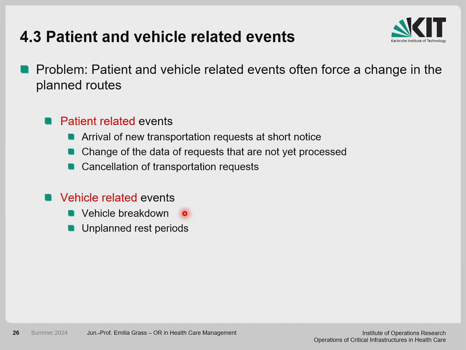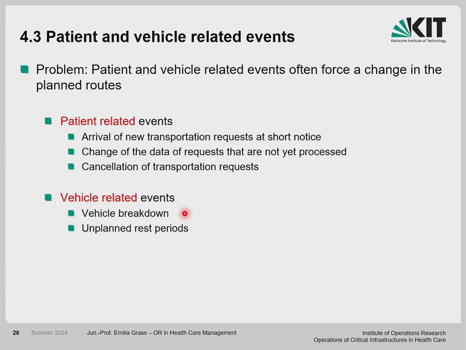On the other hand, we could also have vehicle-related events. Of course, if you drive a long distance without maintenance, vehicles could break down, obviously. So we have to repair and maintain them, and there are also unplanned rest periods if the team itself doesn't feel well or needs a break.